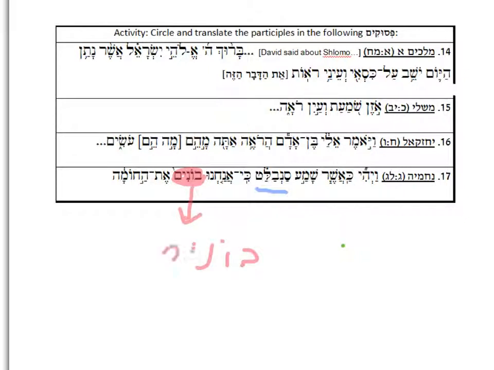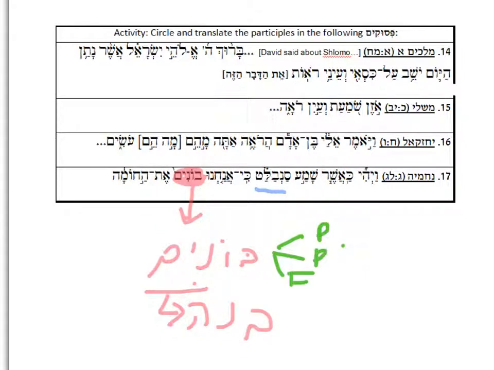I have a lamed hey shoresh. My shoresh is bet nun hey, and my hey dropped out when I added my suffix. Is bonim past, present, or future? Which one is it? It's functioning as a verb, so I want to make it probably parallel with the other verbs in the pasuk.